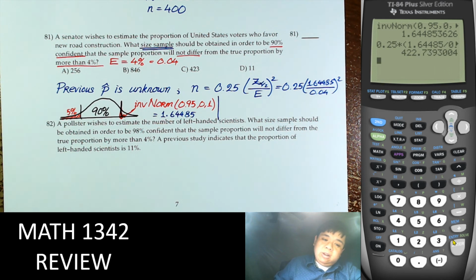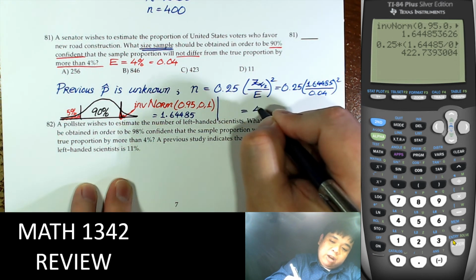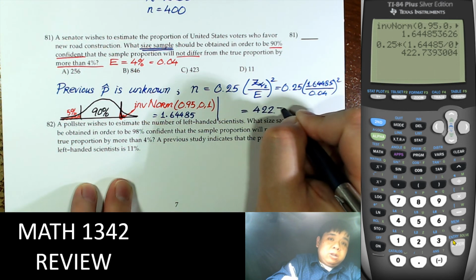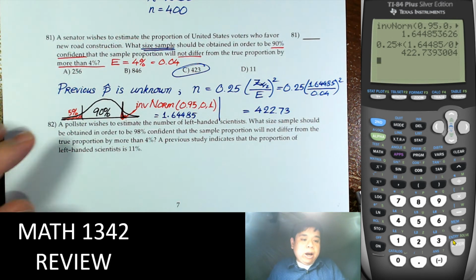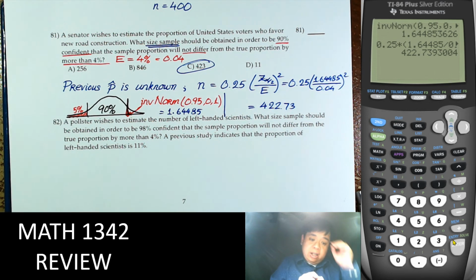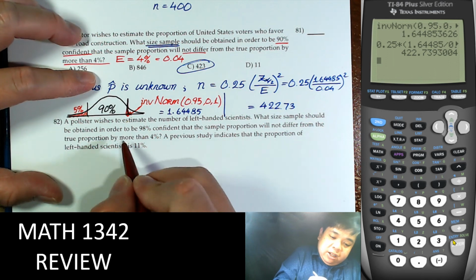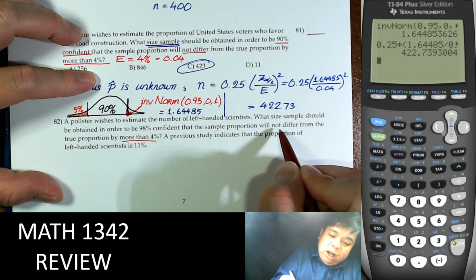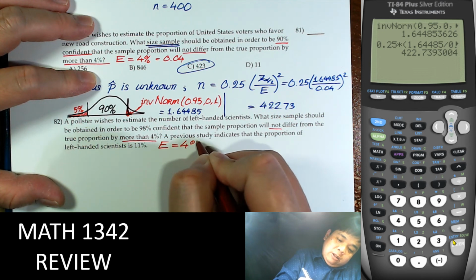So that's what we have, and we always round up for this scenario. Right, so that is where the p is unknown. If previous p is known, then it's going to be different. So the next problem, we still have no more than 4%, so E is 4%.